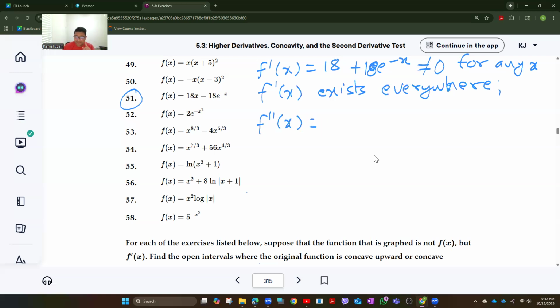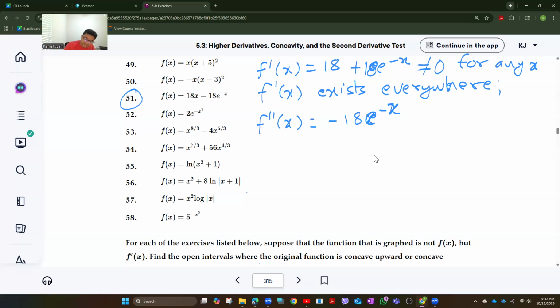If you want to find the second derivative now, the derivative of 18 is 0. It will be minus 18 e to the minus x, because the derivative of e to the minus x is minus e to the minus x, and 18 is the coefficient.